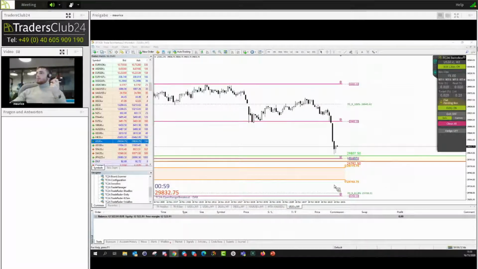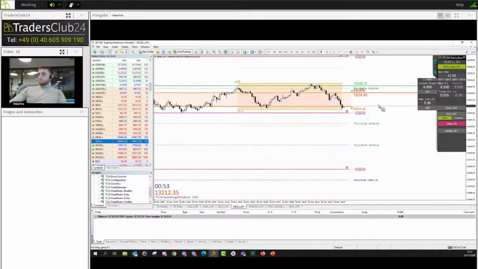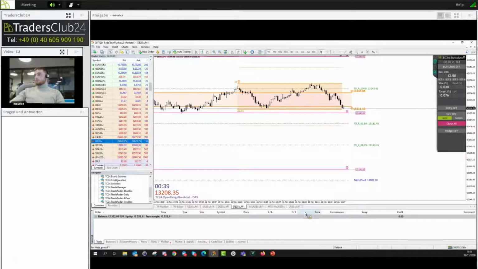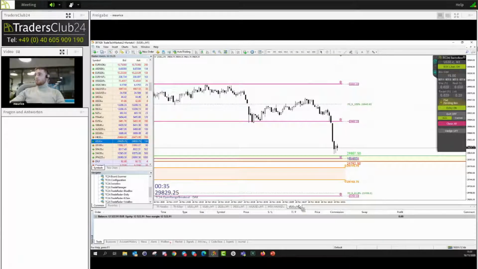So you can imagine that tomorrow is going to be very volatile on the US opening. We could take this trade here, but as we see, there is not so much movement in the market. So I wouldn't want to go for that one personally.